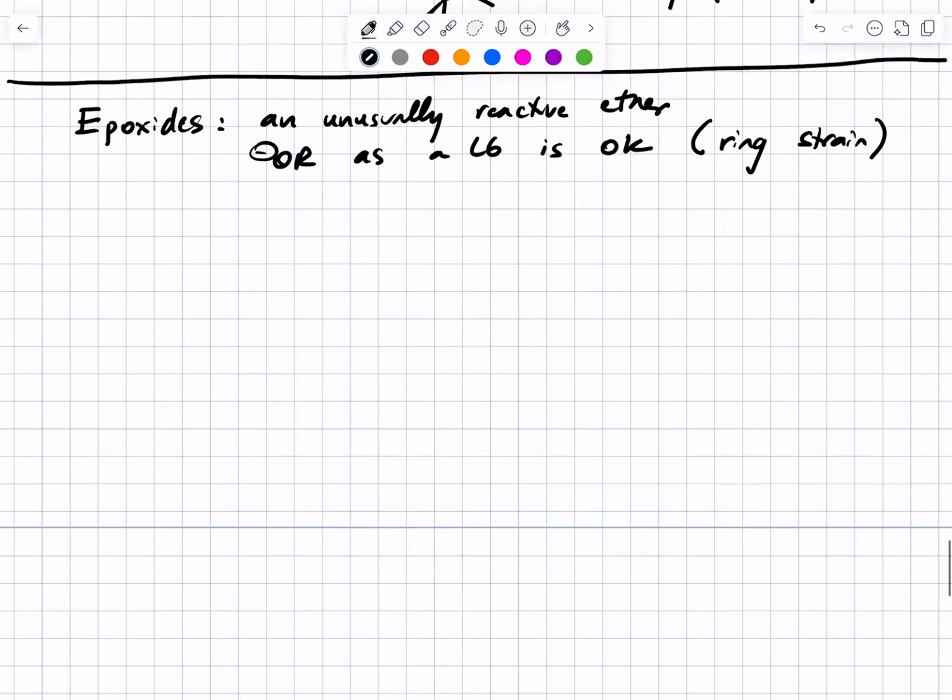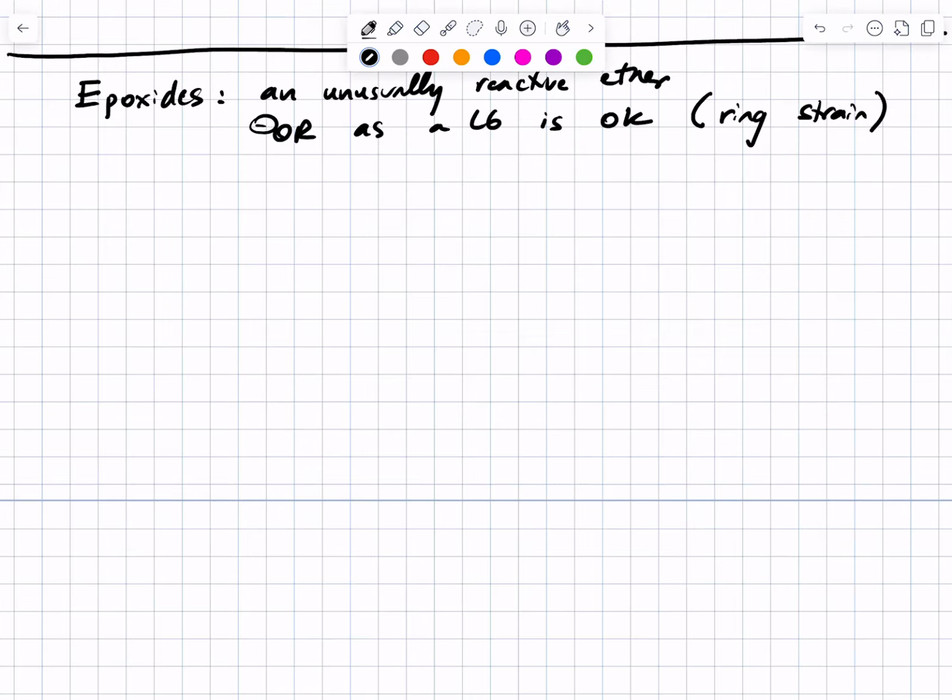Okay, so let's talk about what an epoxide is. An epoxide is an ether where the oxygen is attached to 2 carbons, A and B, but those 2 carbons, A and B, are actually attached to each other. So an epoxide is a 3-membered ring containing ether. You can draw epoxides in a couple of ways. Here's a very simple epoxide called ethylene oxide.